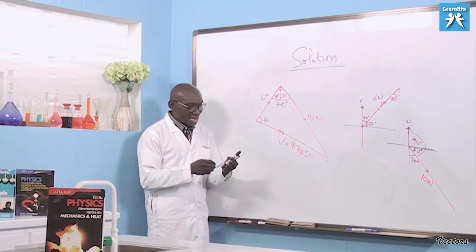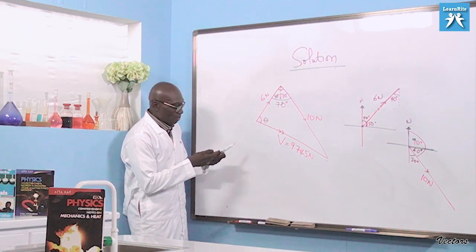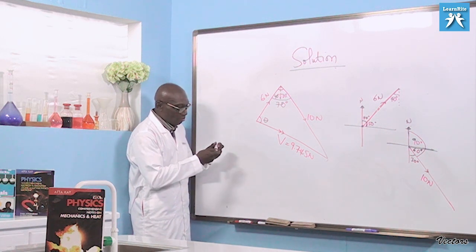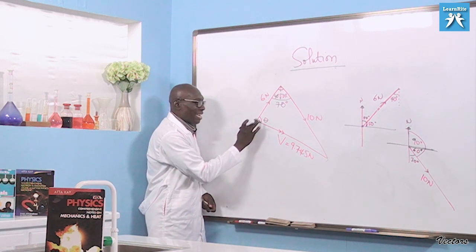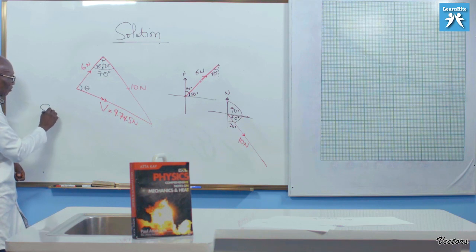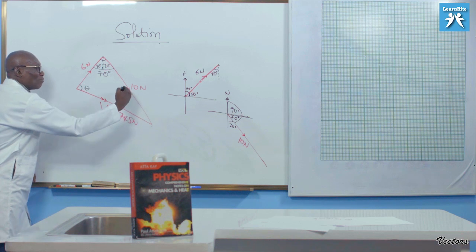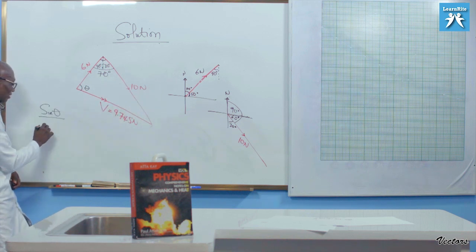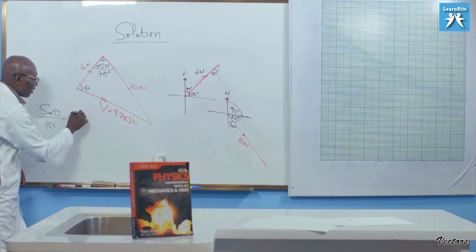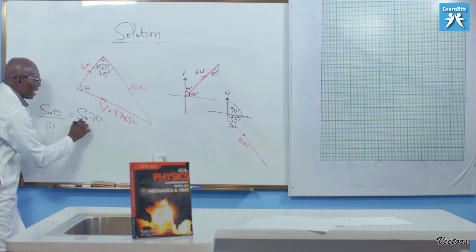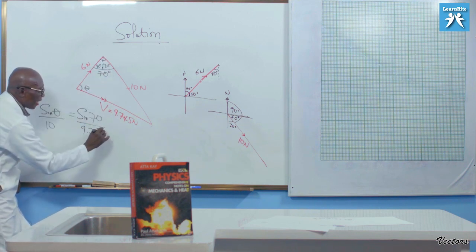And what is the sine rule saying? It says that if you take sine theta and divide it by the magnitude of the opposite side, which is 10, the answer is the same as taking sine of the angle 70 and dividing by the opposite side, which is 9.745.